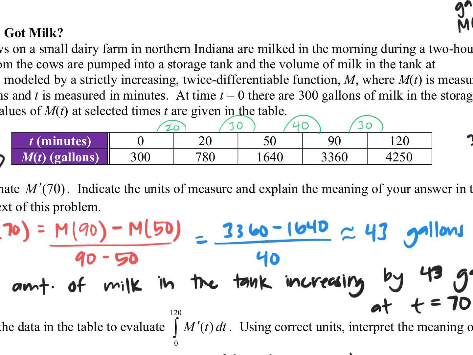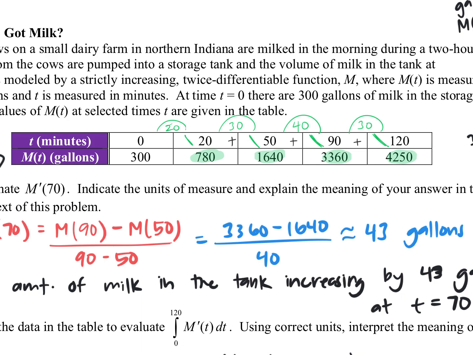And then if we're finding the right Riemann sum, what am I going to multiply 20 by to start? 780. And then I multiply 30 by 1640, etc., etc. So we're going to multiply these numbers together. And then what am I going to do with all those? Add them together. Okay? So that's kind of visually what's happening.